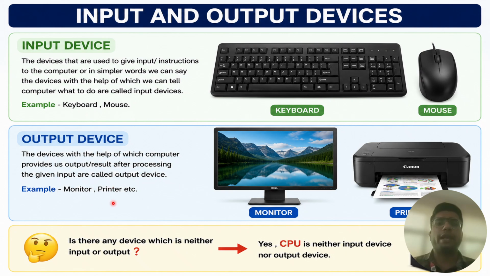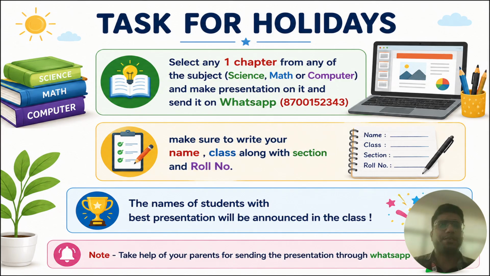Example, monitor and printer. Now, is there any device which is neither input nor output? Yes. In computer there is one device, the CPU, that is neither an input device nor an output device. It is a processing device. Now let's move to next slide.